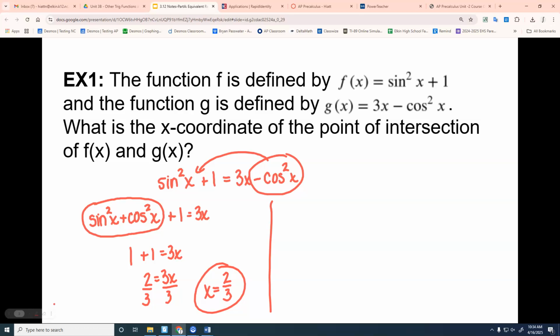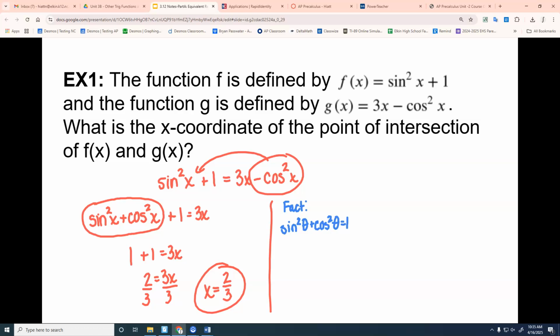It is true, it is a fact, that sine squared theta plus cosine squared theta equals 1.